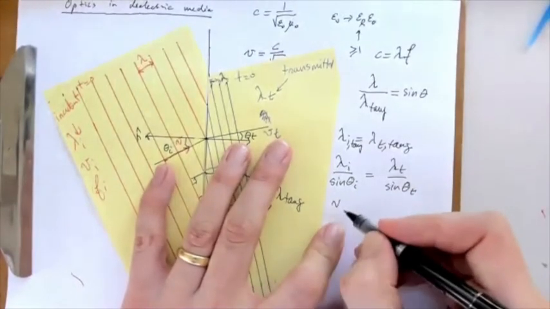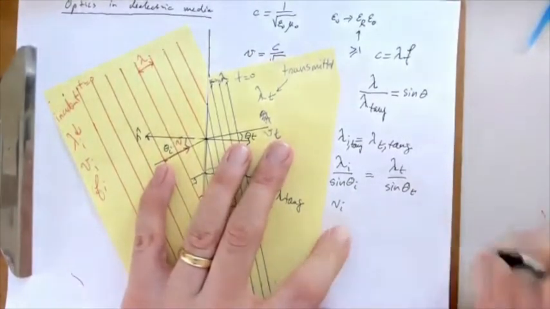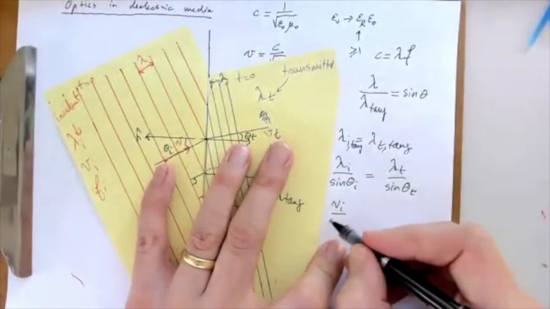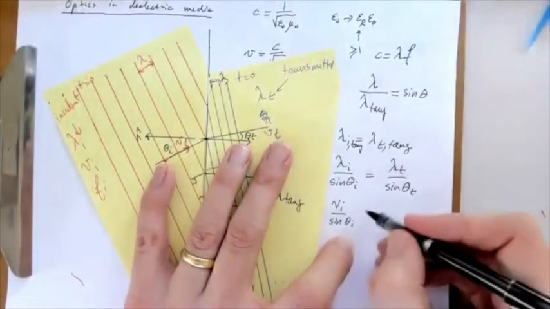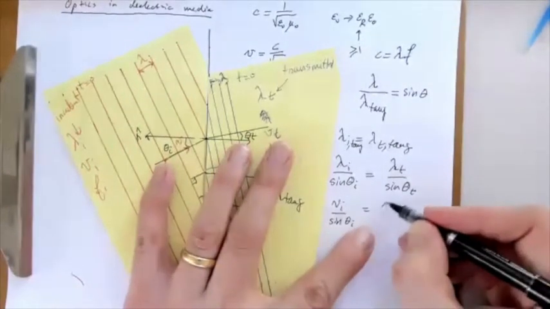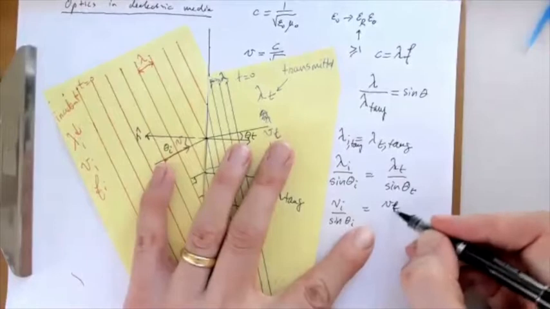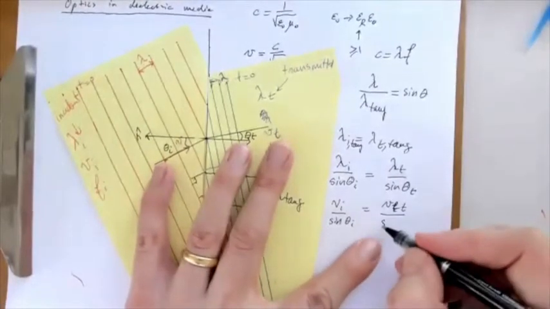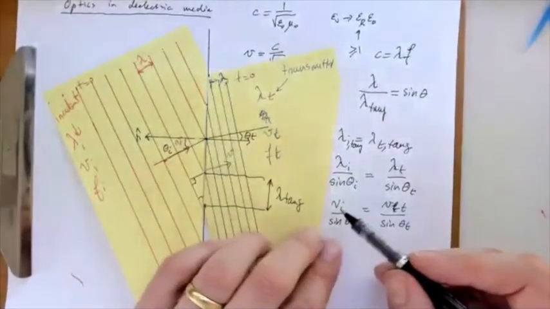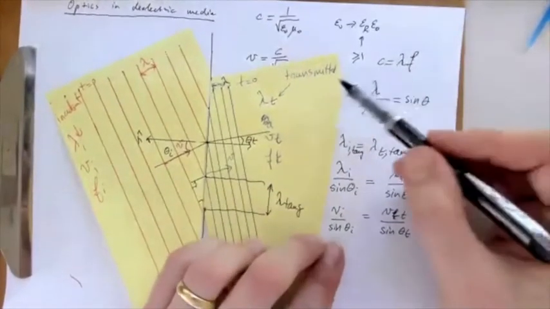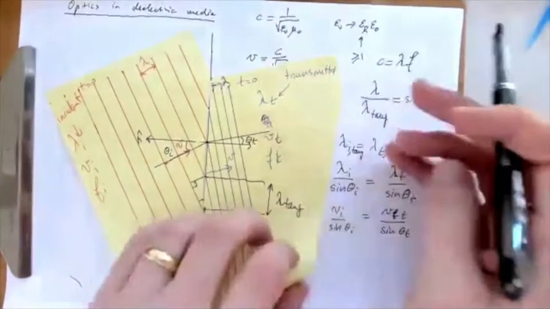So we can just say this is V incident over sine theta incident, because we don't change the frequency, so we can just swap these out, equals V transmitted over sine theta transmitted.